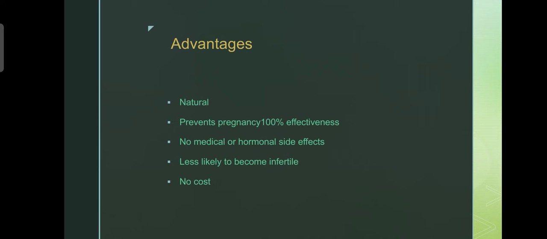Prevents pregnancy with 100% effectiveness. Since it's no sex, it is more effective than the others. No medical or hormonal side effects. Less likely to become infertile since it is natural, and no cost.